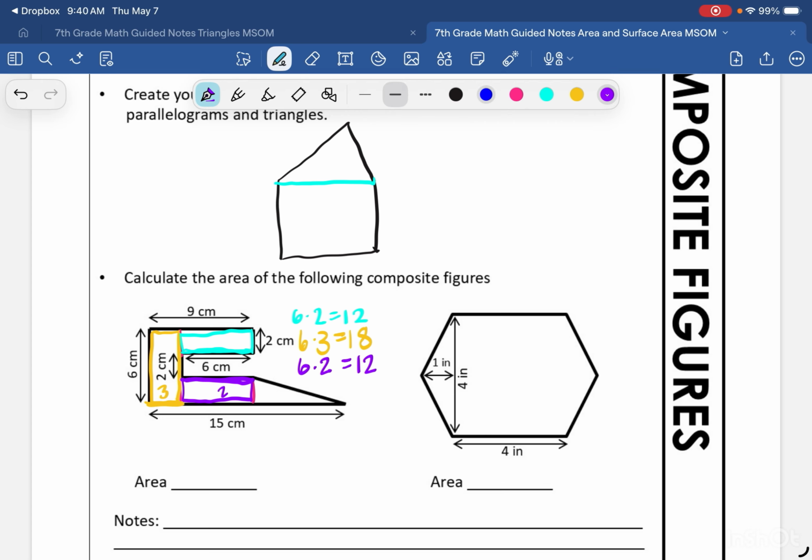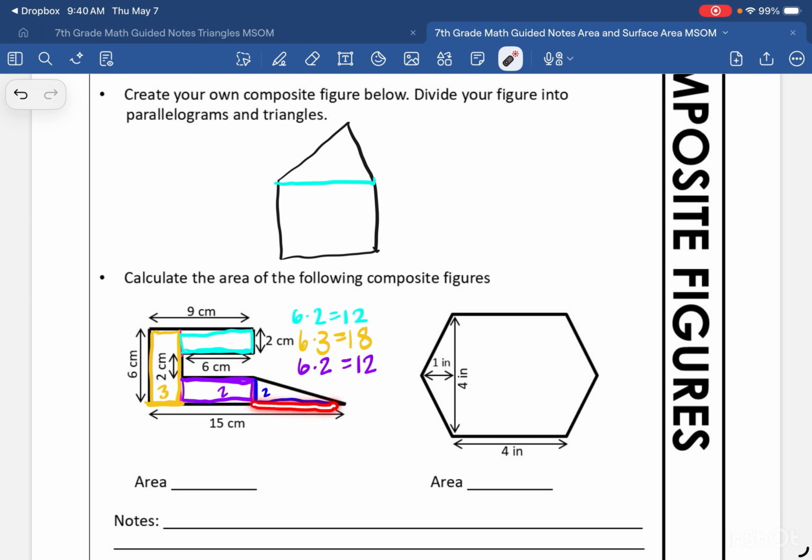And then my triangle over here, it's going to be base times height divided by 2. I already know that this is 2. I don't know what this section right here is, but I know this whole thing is 15. And I know from here to here is 9 because from there to there is 9 and it's the same distance.